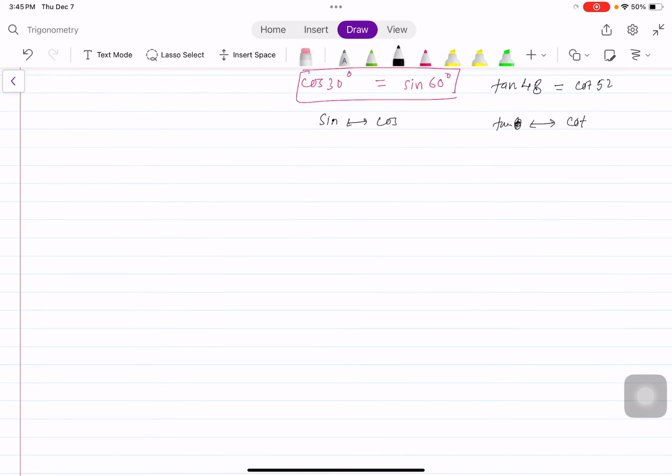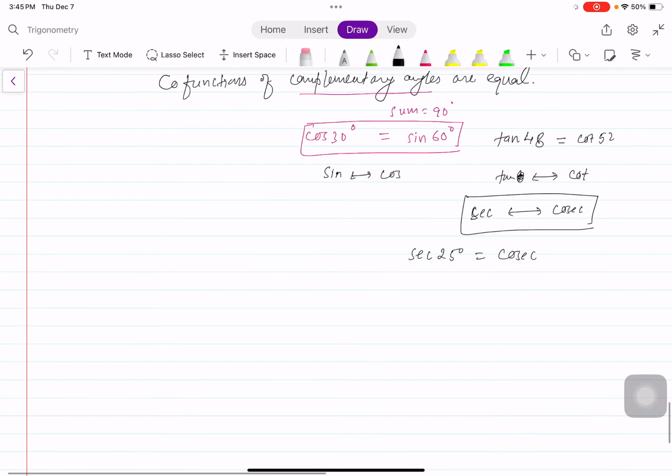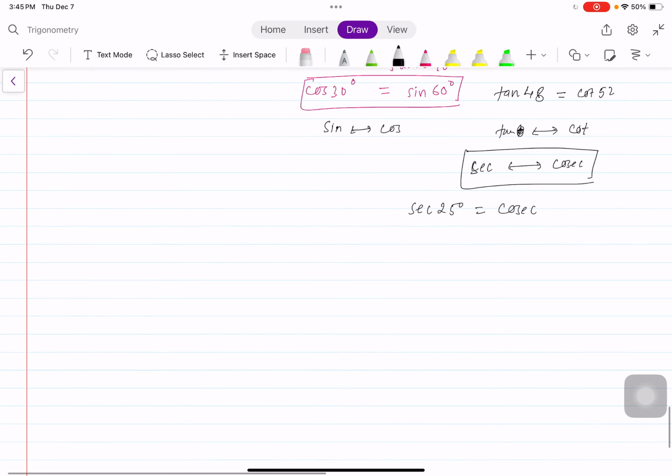And similarly, secant and cosecant are co-functions of each other. For example, if you know secant 25 degrees, it will be equal to cosecant. Now what is the angle complementary to 25? It is 65, correct? This is how we find complementary angles.